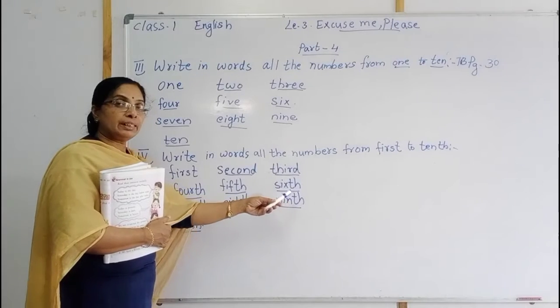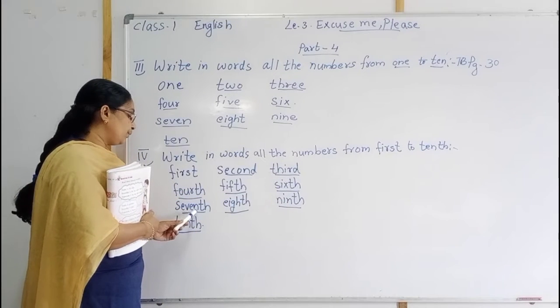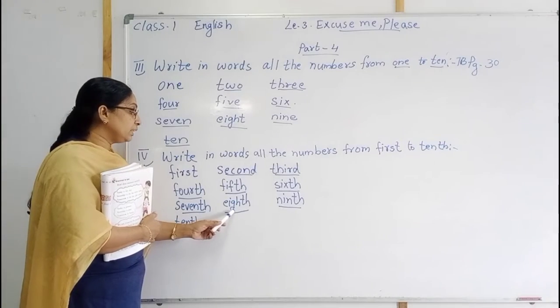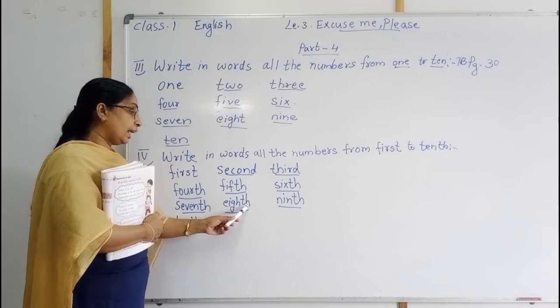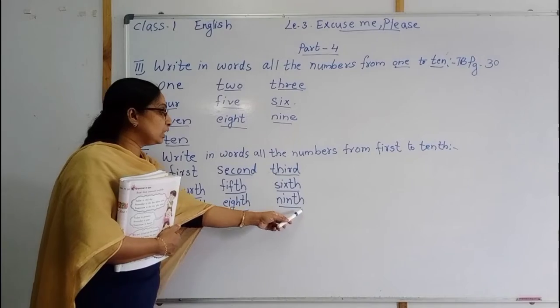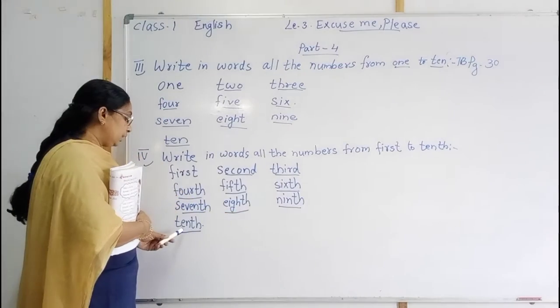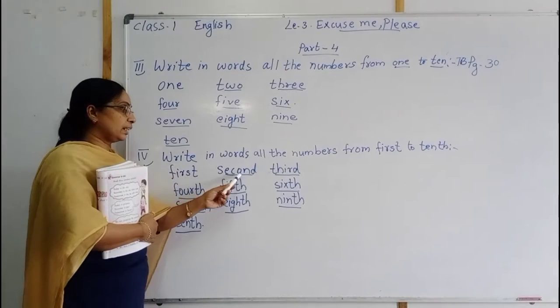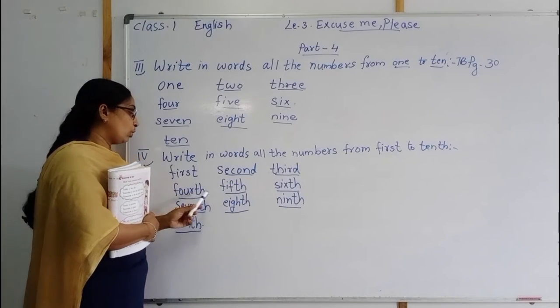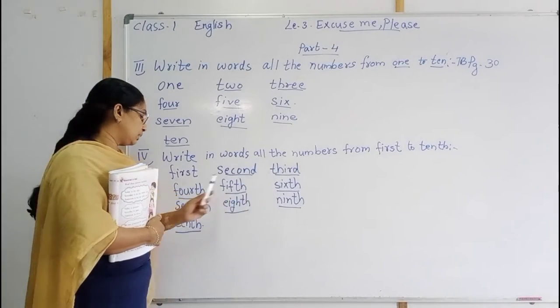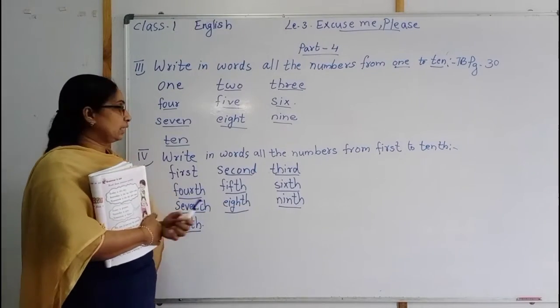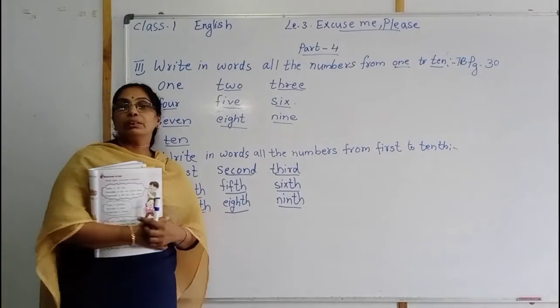S-I-X-T-H, sixth. S-E-V-E-N-T-H, seventh. E-I-G-H-T-H, eighth. N-I-N-T-H, ninth. T-E-N-T-H, 10th. First, second, third, fourth, fifth, sixth, seventh, eighth, ninth, 10th. These are the numbers 1st to 10th.